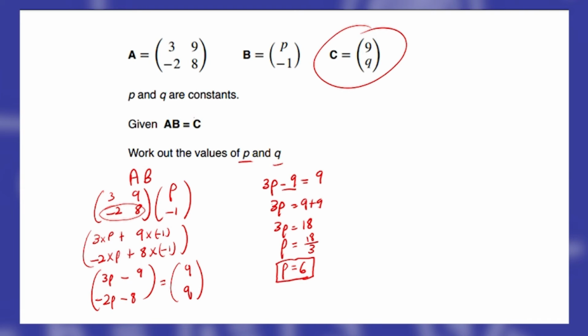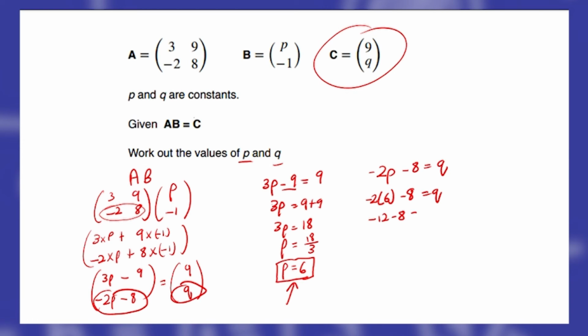So now we can work out the value for q. We see this is equated to q at the bottom here. So negative 2p minus 8 is equal to q. Well, we already found the value for p to be 6. So instead of negative 2 times p, we'll have negative 2 times 6, subtract 8, is equal to q. So negative 2 times 6 will be negative 12.